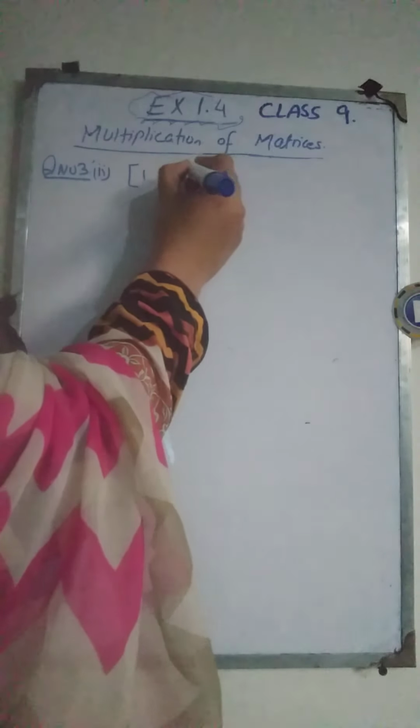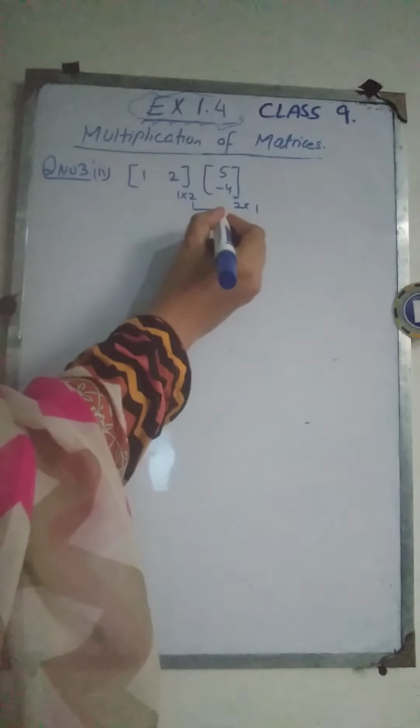In the second part, we have the matrix 1, 2, which is to be multiplied with the matrix 5 and negative 4. Here the order of this matrix is 1 by 2. We have one row and two columns. And here we have one column and two rows: 1, 2.